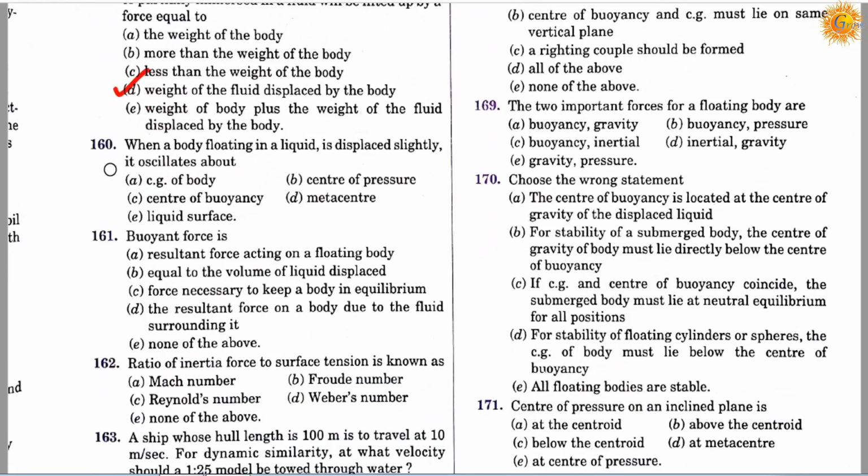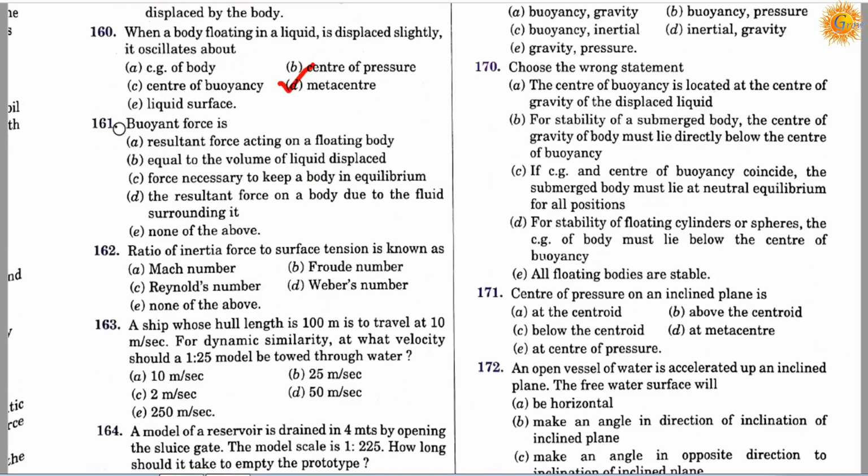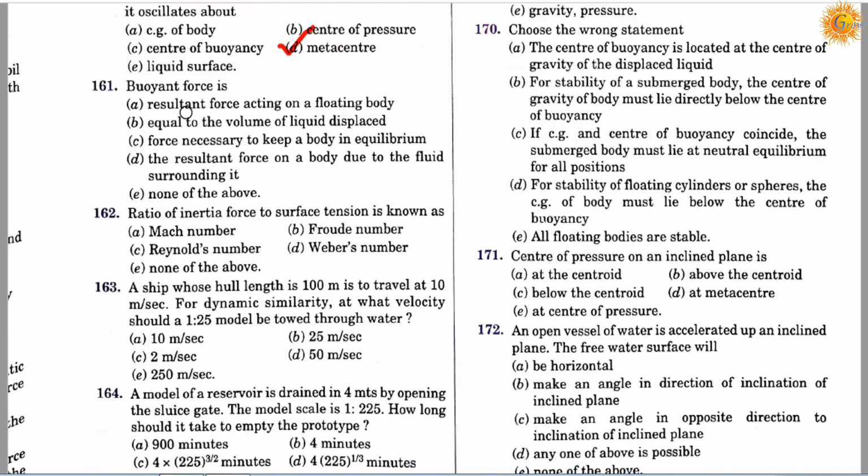Question number 160. When a body floating in a liquid is displaced slightly, it oscillates about: option A, center of the body; option B, center of pressure; option C, center of buoyancy; option D, metacenter; and option E, liquid surface. So the correct answer is D, it's the metacenter. Question number 161.